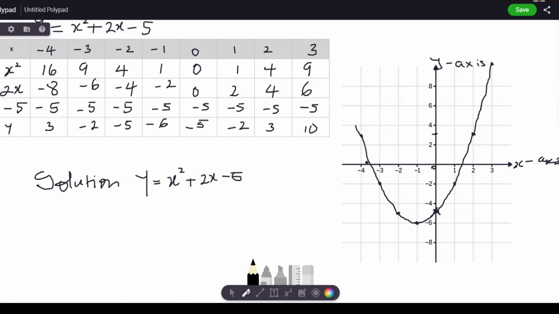Now, this is not like the normal graph that you have with grid lines and all that. But the solution lies where the curve cuts the x-axis. So I'm talking about this part and this part also, where the curve cuts the x-axis.